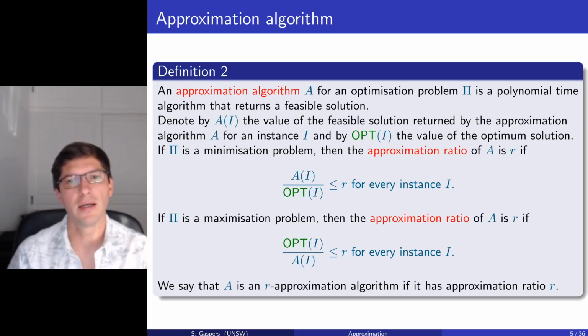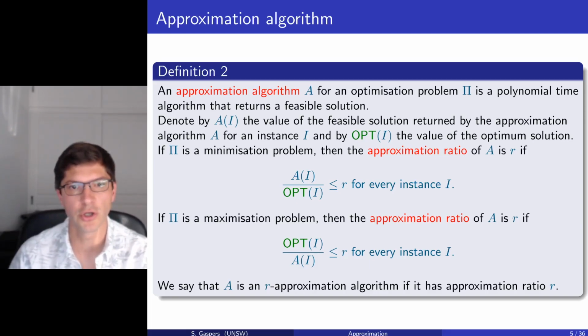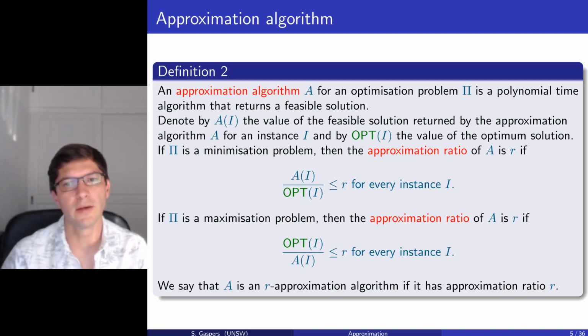Now, if we denote by A of I the value of the feasible solution returned by the approximation algorithm for an instance I, and by opt of I the value of the optimum solution for this particular instance I. If pi is a minimization problem, then the approximation ratio of the algorithm A is R if the value of the solution returned by the algorithm divided by the value of the optimum solution is at most R for every instance I. So no matter what instance we give to the algorithm, it will return a feasible solution whose value is at most R times the optimum.